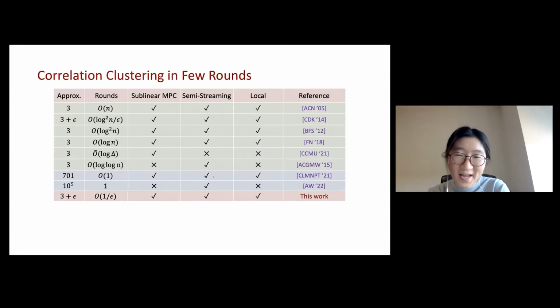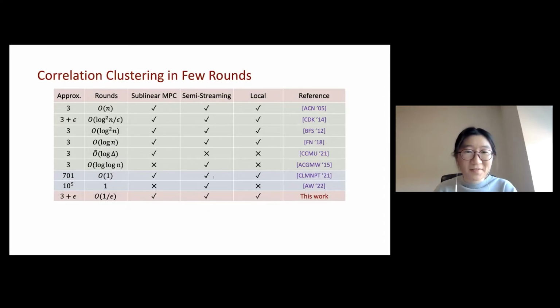This question has led to a rich literature on obtaining good approximation for correlation clustering in few rounds. And here's a table that summarizes some of the previous work in the large-scale data models of sublinear massively parallel computation, semi-streaming model, and also the distributed LOCAL model.